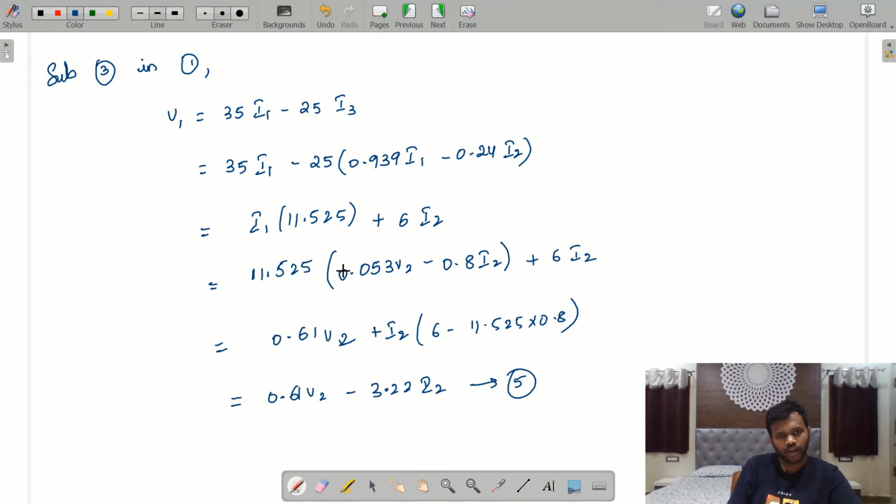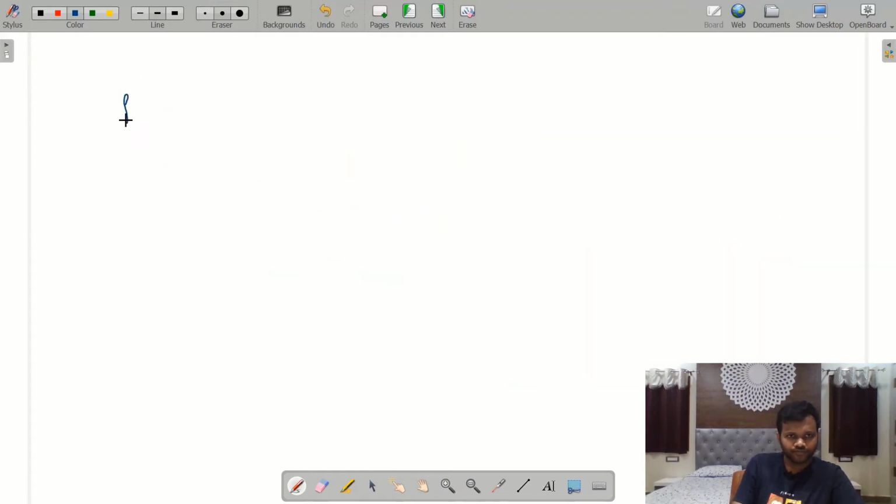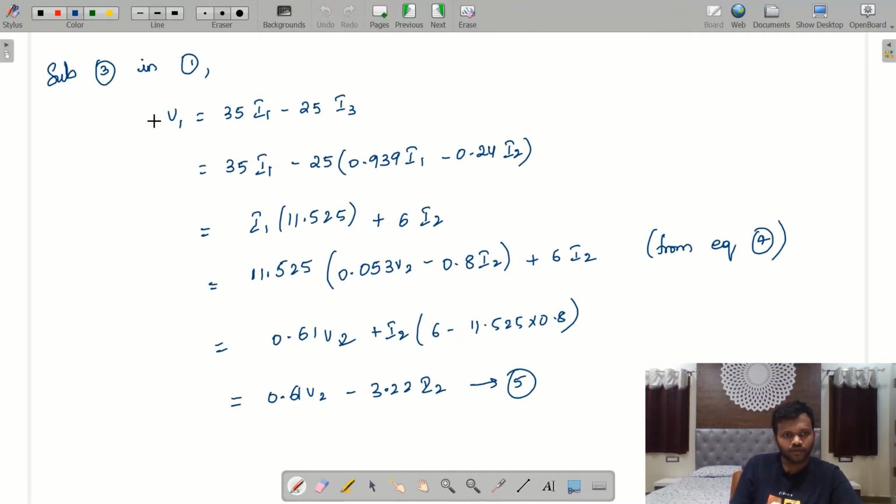So how are we writing here? This is from equation 4. Now see here, from 4 and 5, what can we write?